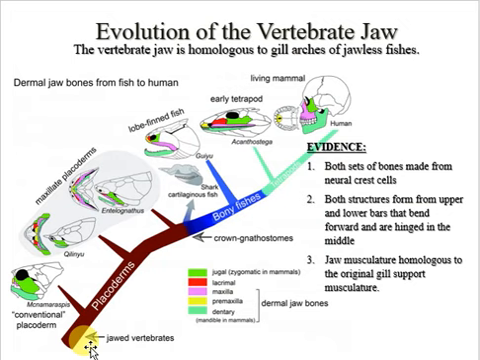And the last is that the jaw musculature actually seems to be homologous to the original gill support musculature of the early jawless fish.